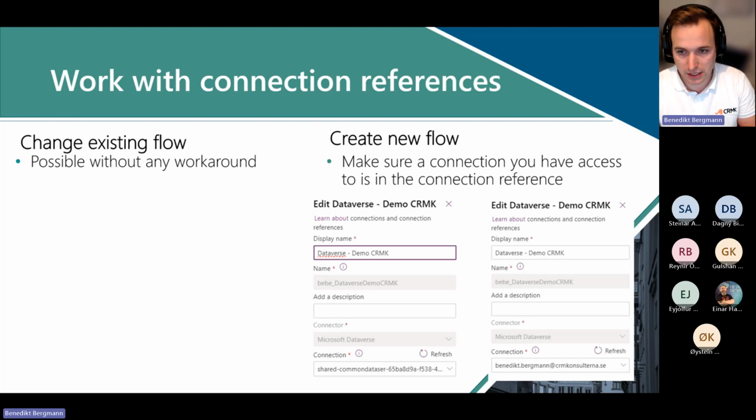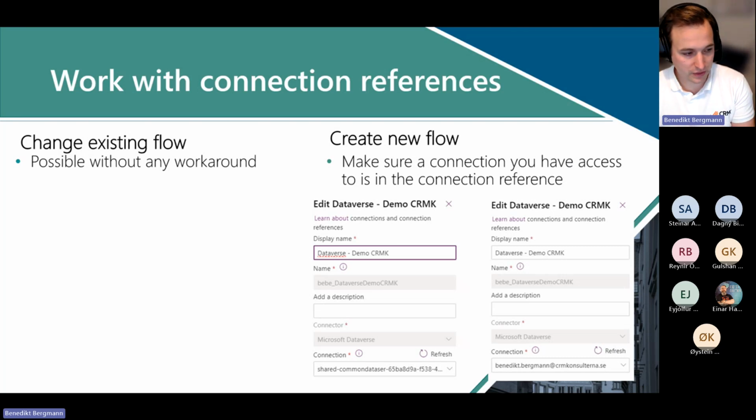The problem is that when I am changing an existing flow, I can always use the connection references that are already used in this flow, no problem. Whereas when I create a new flow, I can only use the connection references which have a connection which I have access to, if that makes sense.